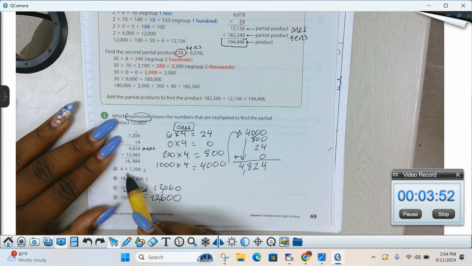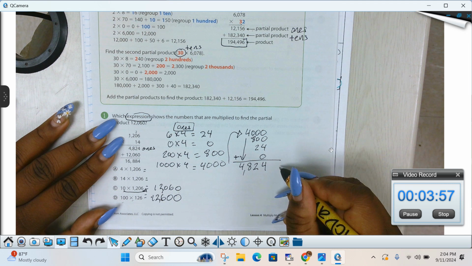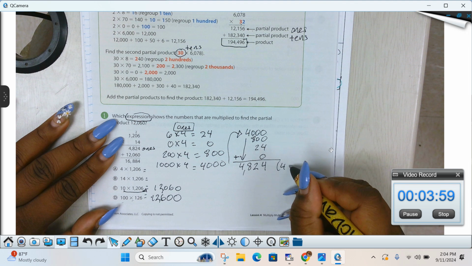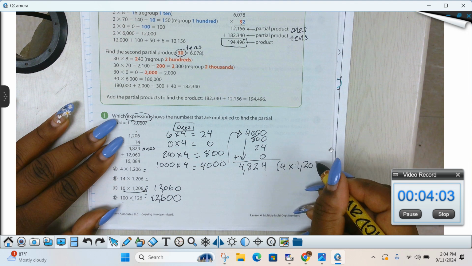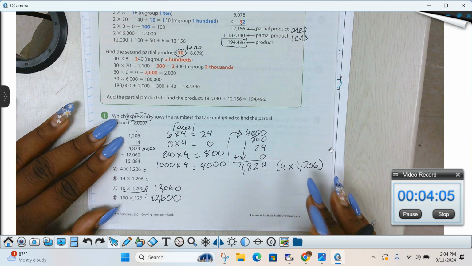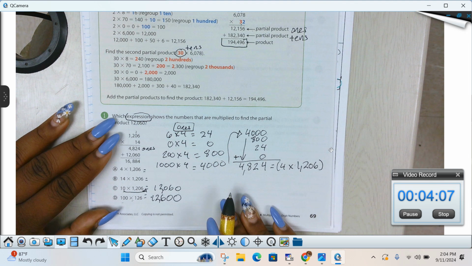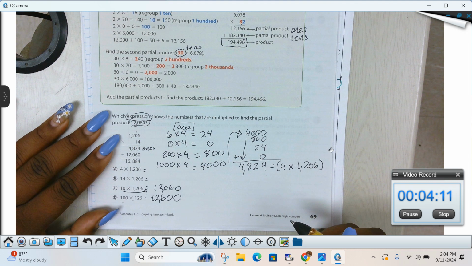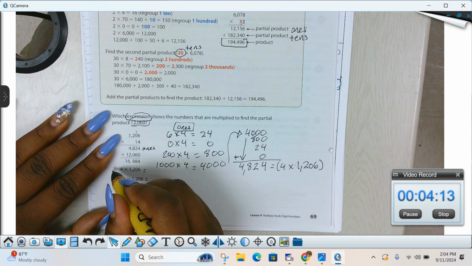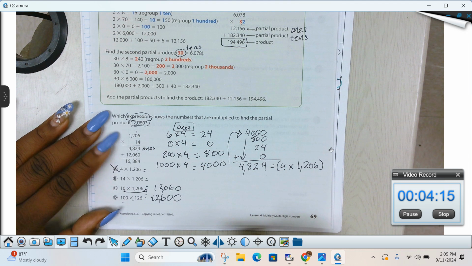So this one is I'm going to need to decide between these two. Now, we just did 4 times 1,206. This is 4 times 6. Okay, that's what that is equal to. They want to find out, how do I get 12,060? So we can cross this out.